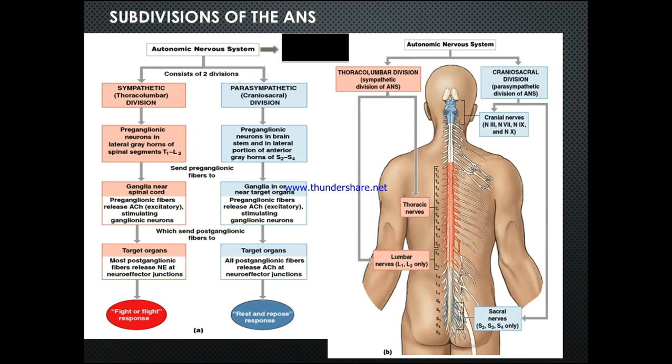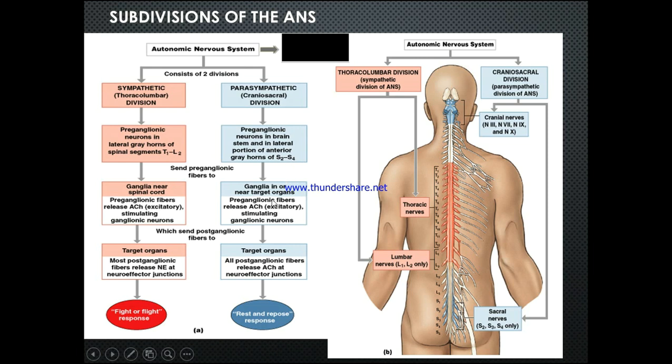So the subdivisions of the autonomic nervous system. We've got the sympathetic thoracolumbar division: preganglionic neurons in the lateral grey horns of the spinal segments, the ganglia near the spinal cord, and then the target organs, and of course eventually we're talking about the fight or flight response. Parasympathetic craniosacral division: preganglionic neurons in the brain stem and the lateral portion of the anterior grey horn, S2, S3 and S4.